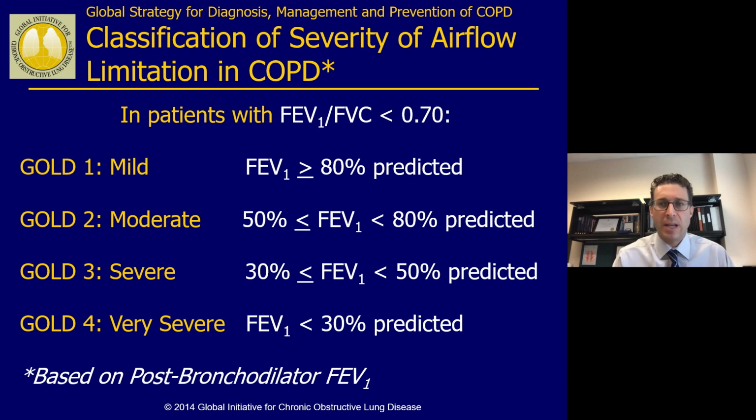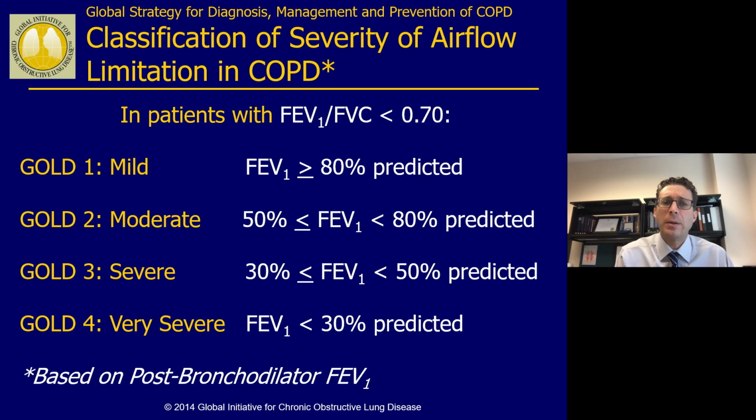So the next step in the assessment is using spirometry to assess airflow limitation. The GOLD document uses post-bronchodilator FEV1 or post-bronchodilator spirometry to define COPD, but in practice, many people use pre-bronchodilator as well as post-bronchodilator.